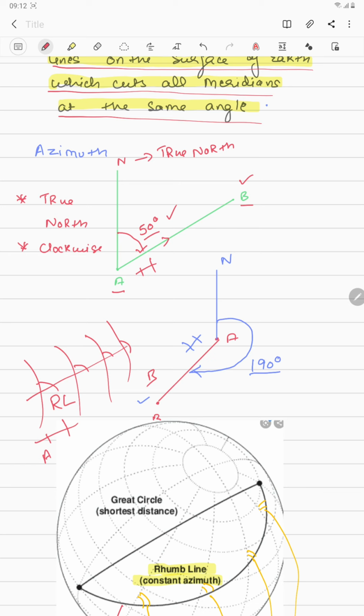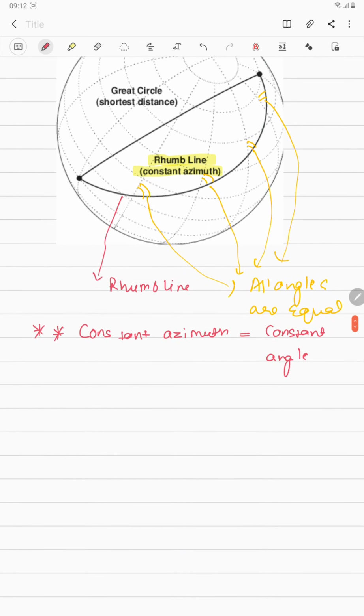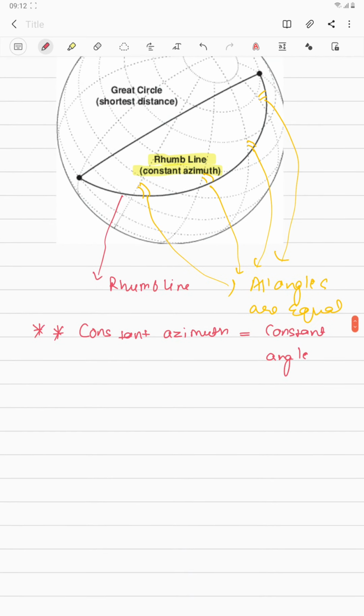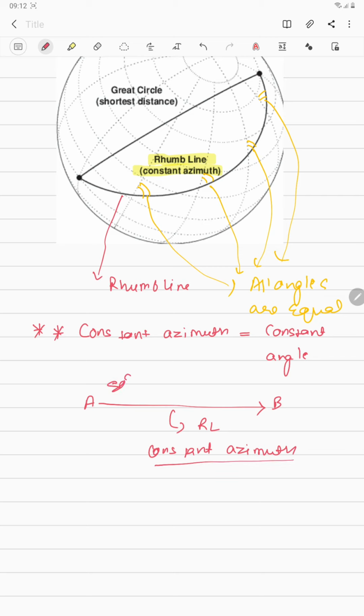Okay, so this is the property of the rhumb line. A rhumb line gives you a constant track from point A to B. So if you are flying from point A to B and you are following a rhumb line, you will have a constant azimuth, or you can say you will have a constant track to follow. And that is very easy, guys. Once you have set the track of 50 degrees, you don't have to change it and you can fly from A to B.